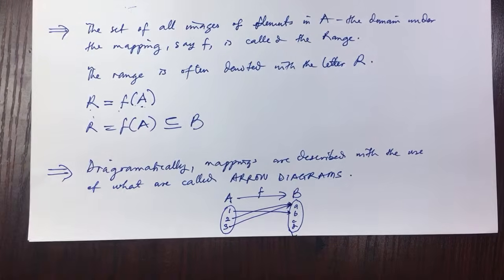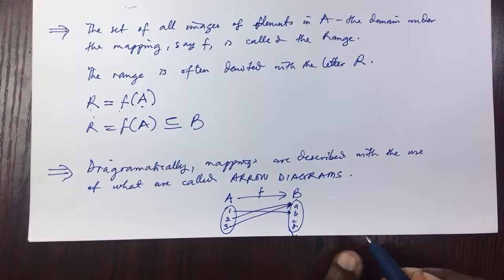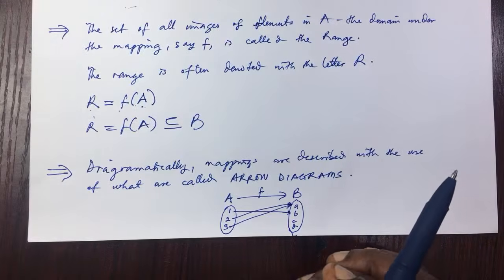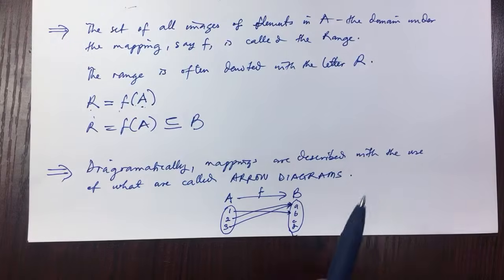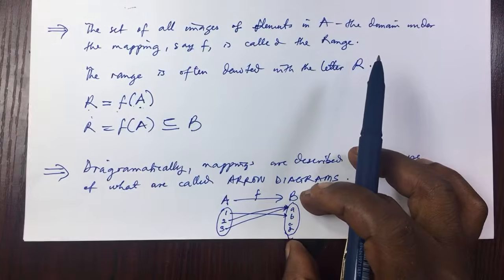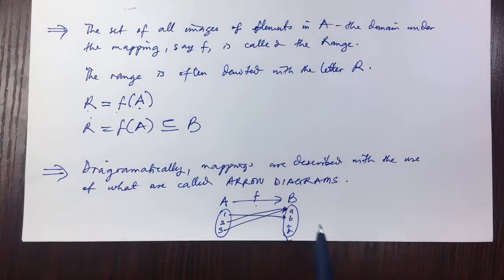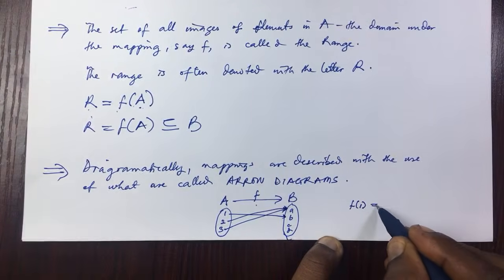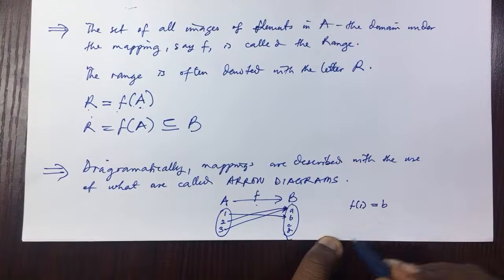Now, take note of one thing. You would come to realize that this diagram is called an arrow diagram. Why is it called an arrow diagram? It is a diagram that shows the mapping of elements in A with elements in B under F. Now, clearly you would see that F of 1 will be equal to b.